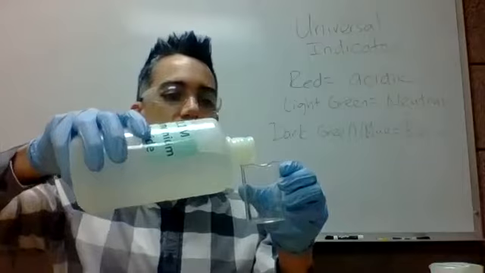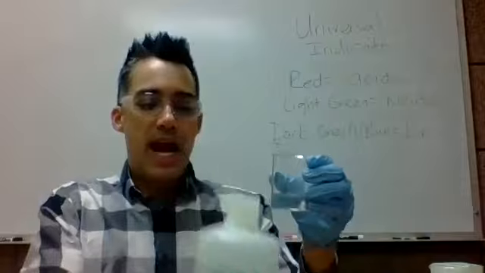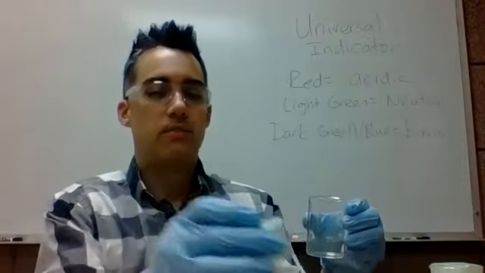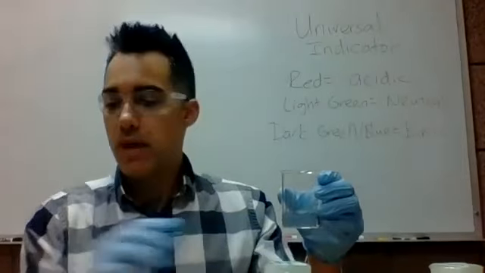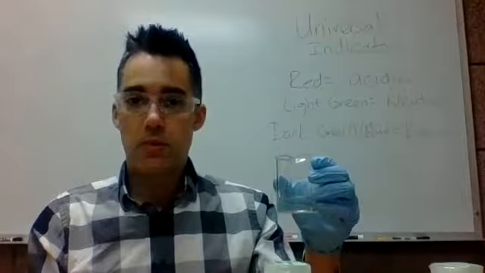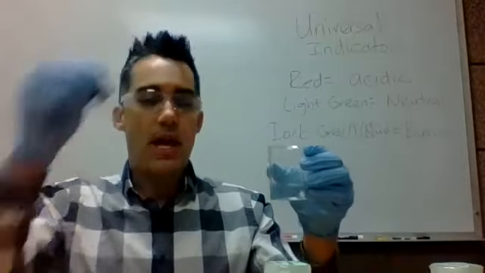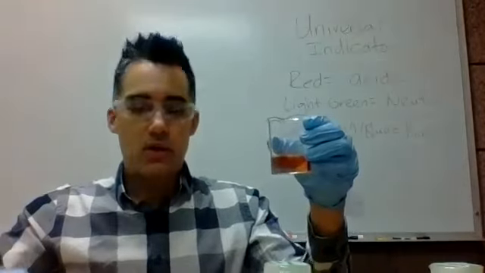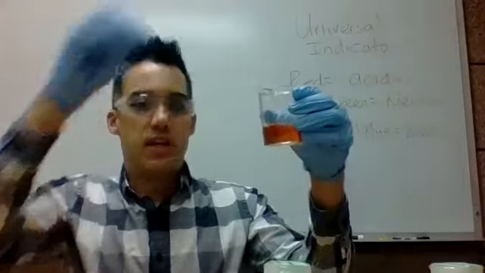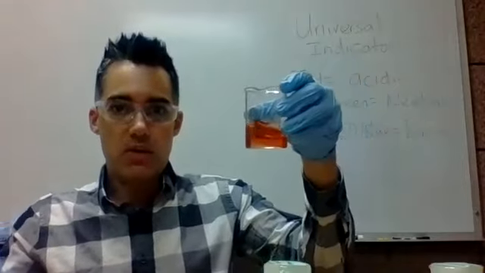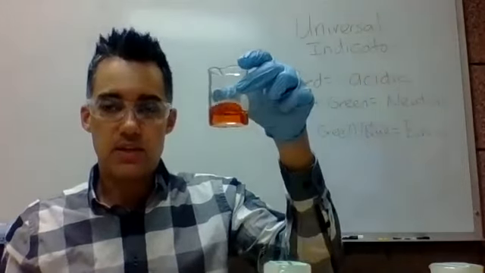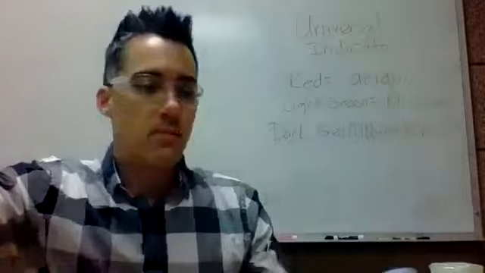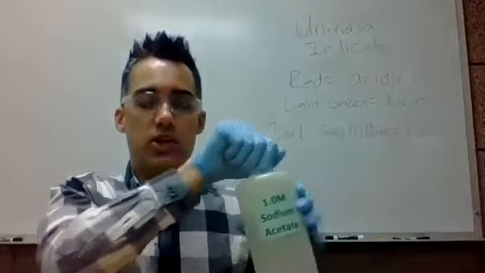So in this solution we have a weak acid, a spectator, and water. Therefore, we predict this solution to be acidic, and when I add the universal indicator to it, we see that it changes to kind of an orangey red, indicating that this is an acidic solution.